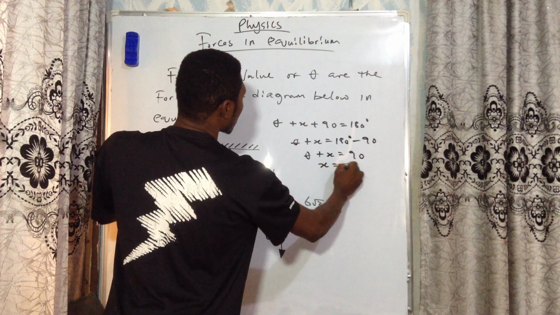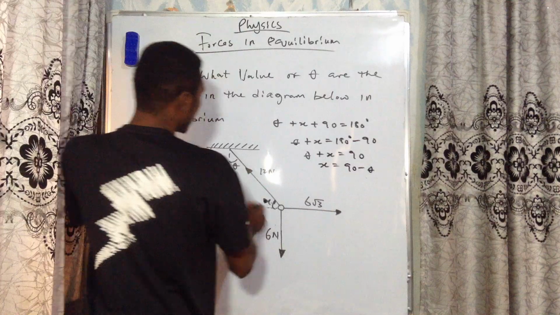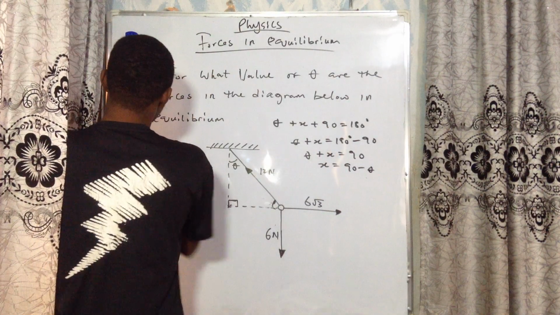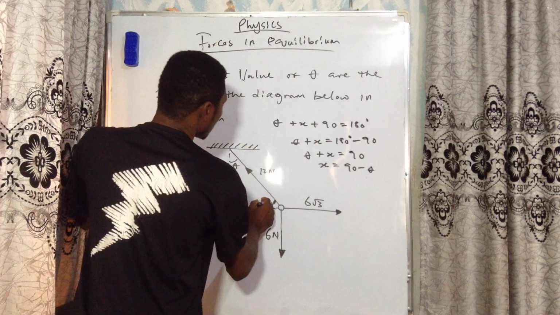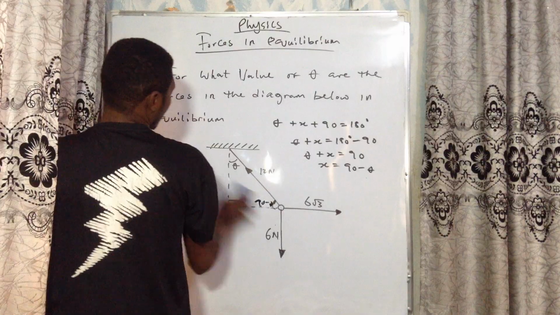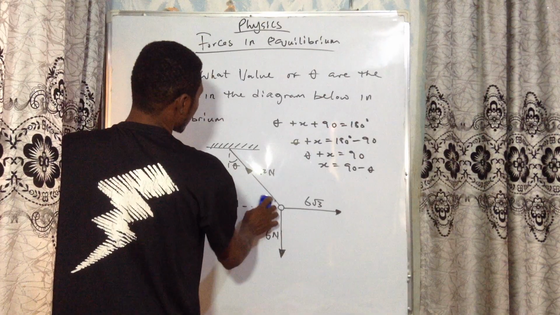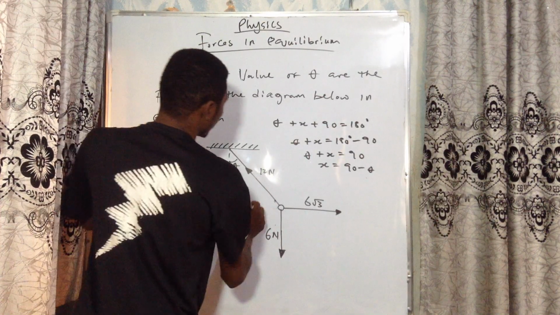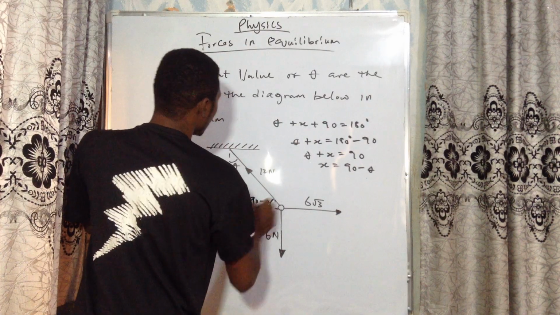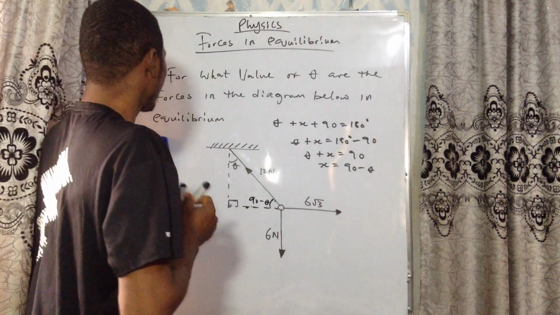Therefore, x is equal to 90 minus theta. Do you see what I say? So the x here is equal to 90 minus theta.